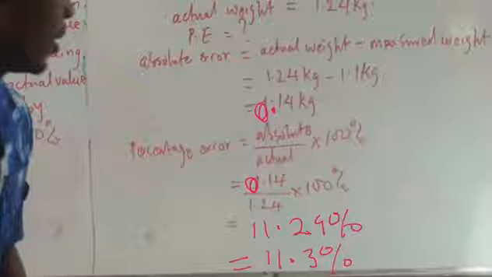We add 1 to 2, making 3. That's why we have 11.3%.